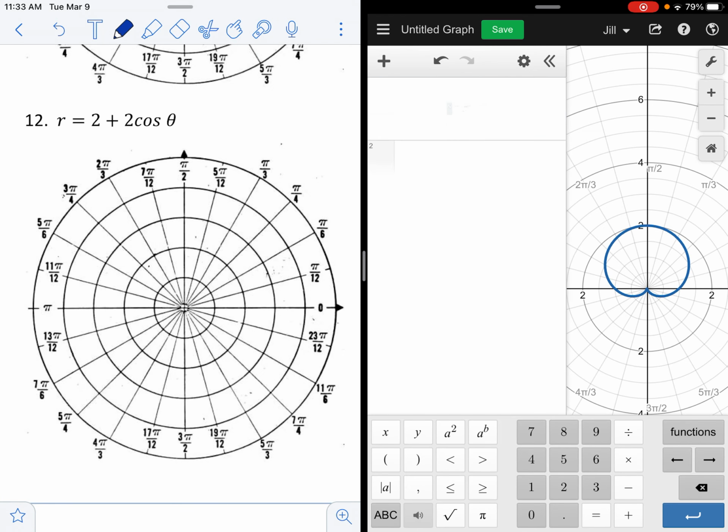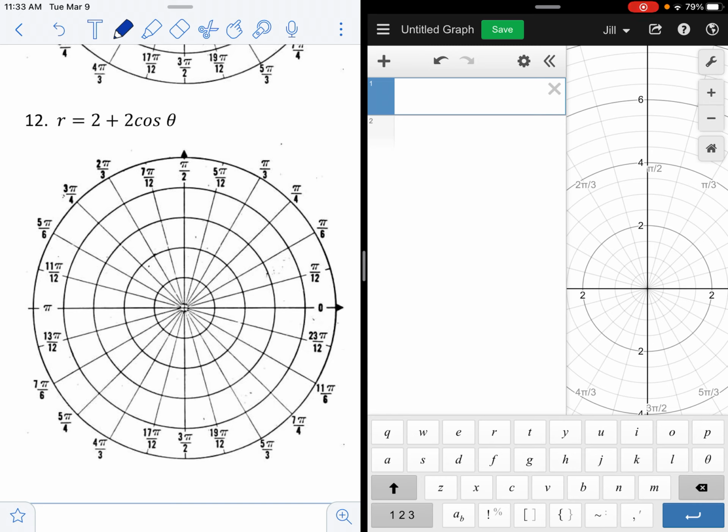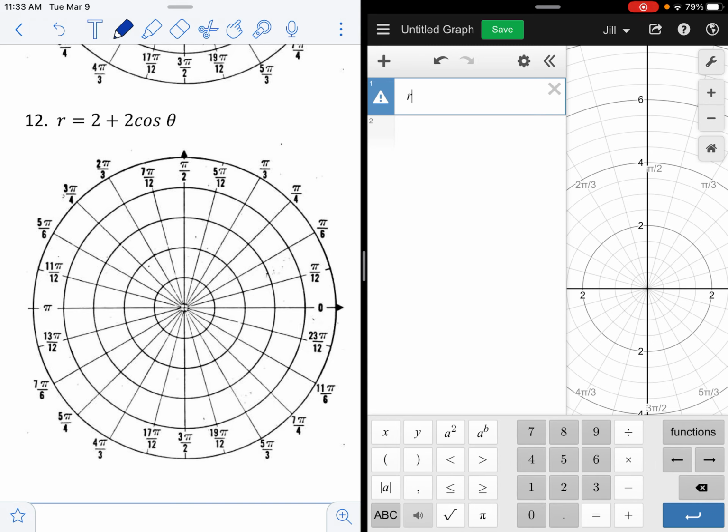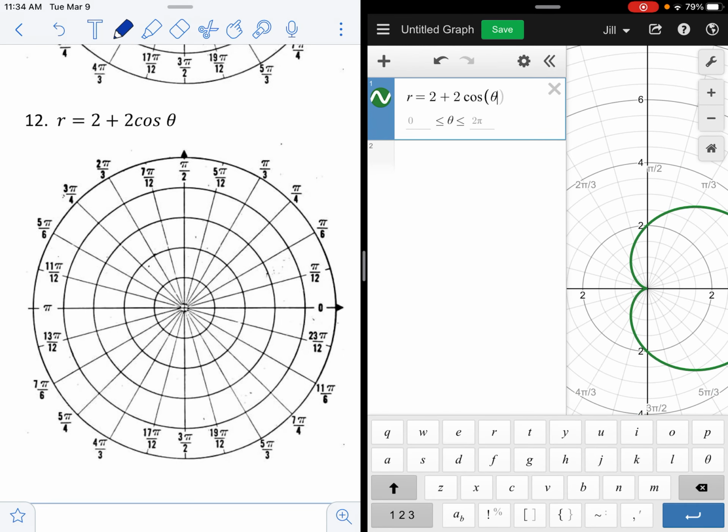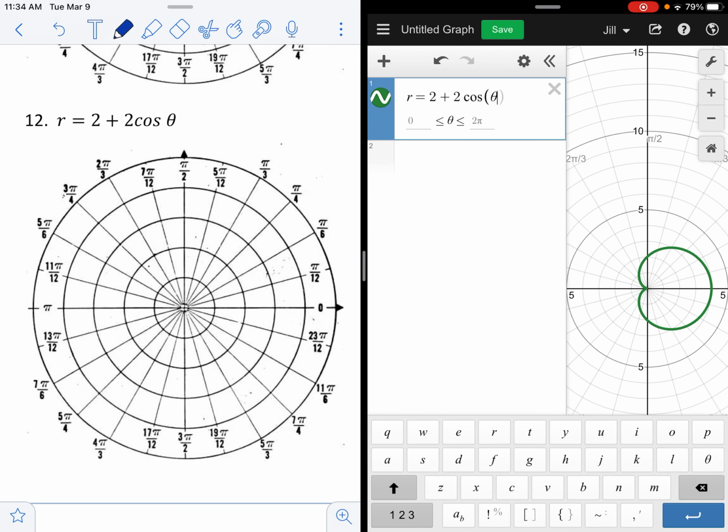All right, next one. I'm going to do 2 plus 2 cosine theta, so I'm going to get rid of this. R equals 2 plus 2 cosine theta.